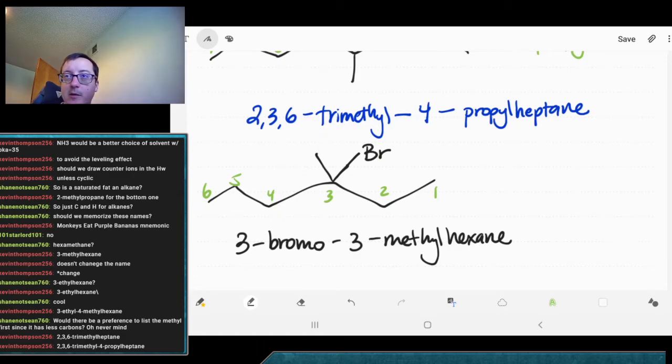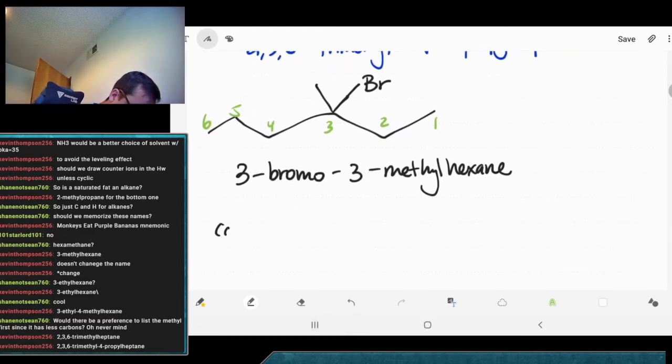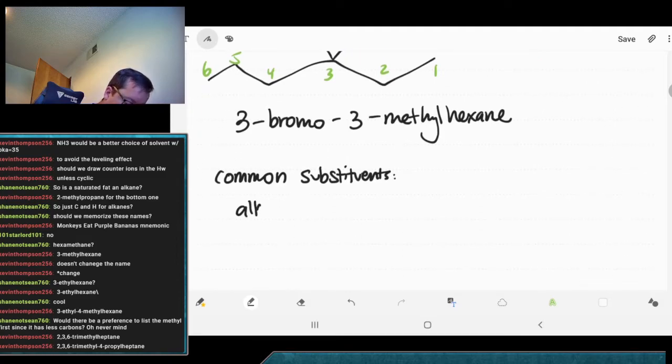I guess this opens the door. I'll put in a few more substituents that aren't going to overtake us, just so we have a few more substituent names to work with. So, common substituents. You'll have something alkyl, like a methyl group.